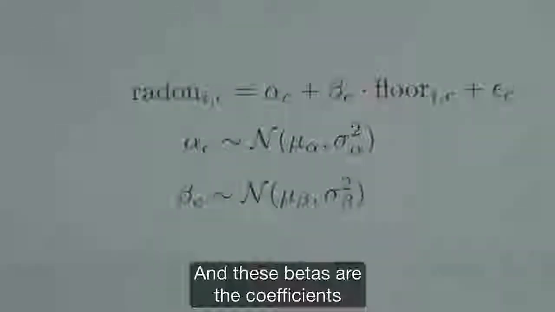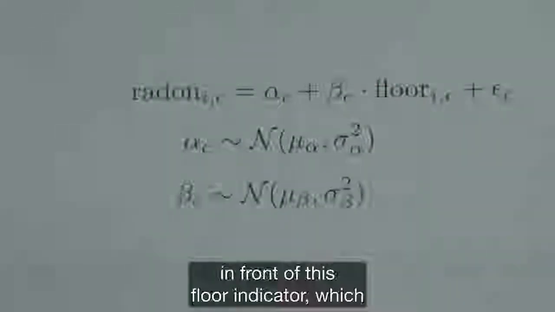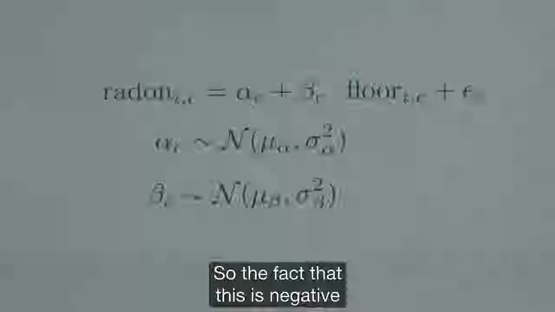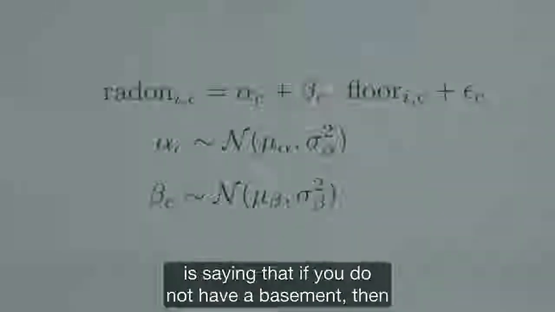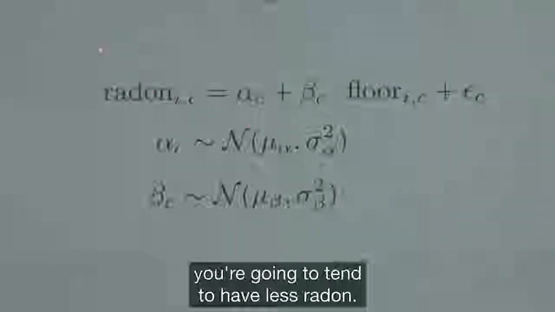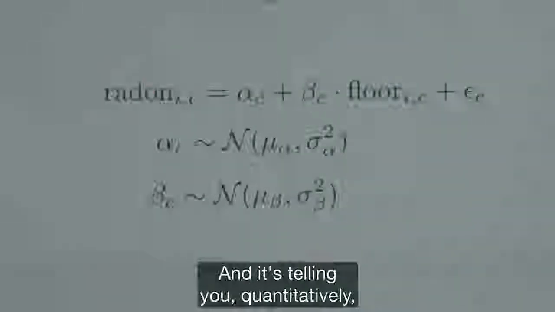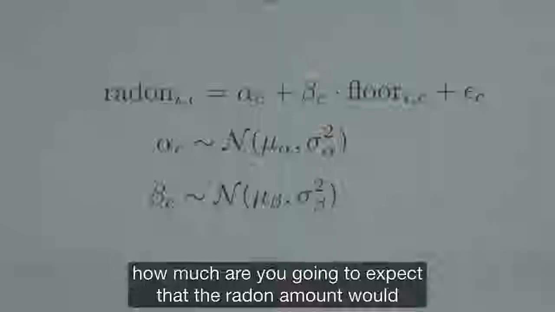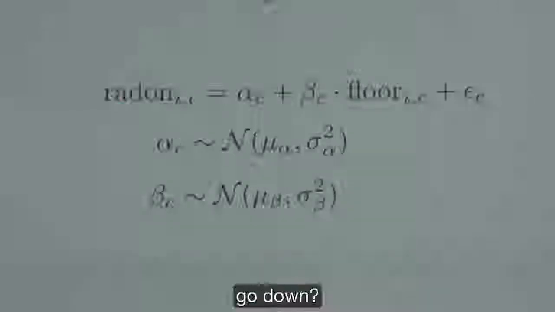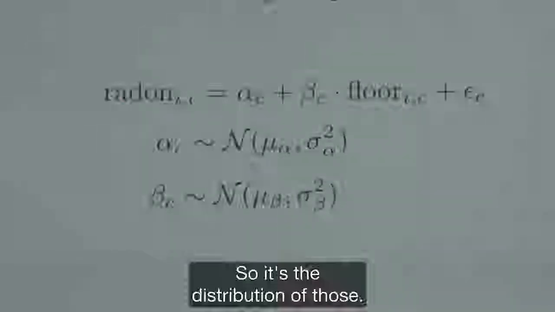And these betas are the coefficients in front of this floor indicator, which was defined to be 1 if there's no basement. So the fact that this is negative says that if you do not have a basement, you're going to tend to have less radon. And it's telling you quantitatively how much you should expect the radon amount to go down. So it's the distribution of those.